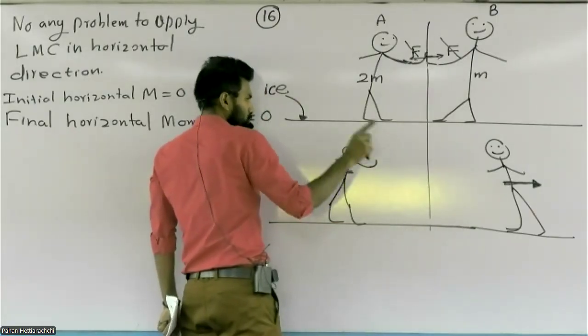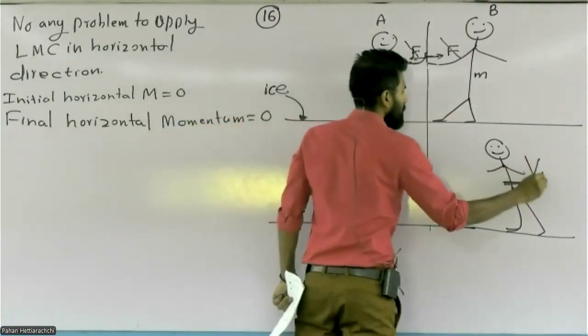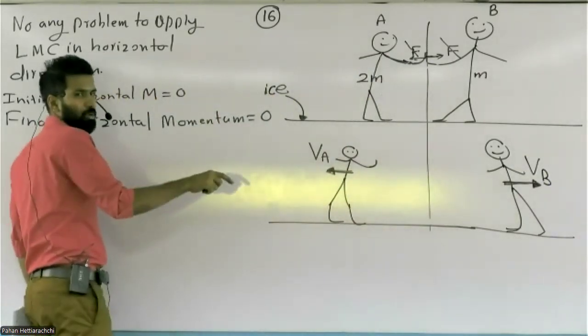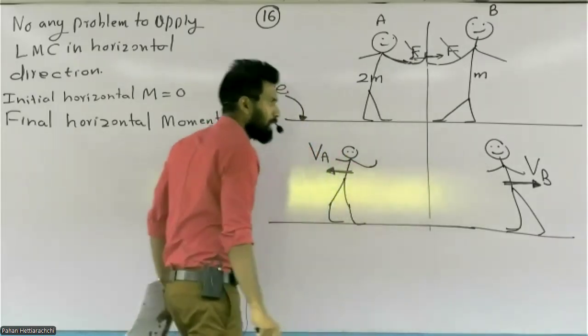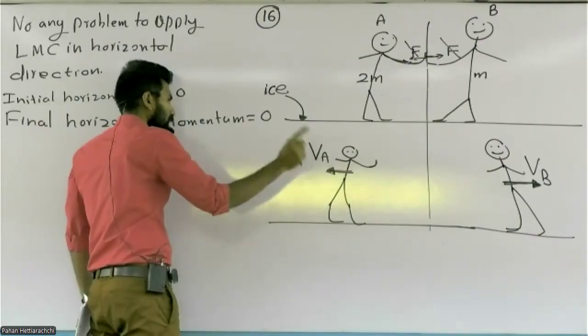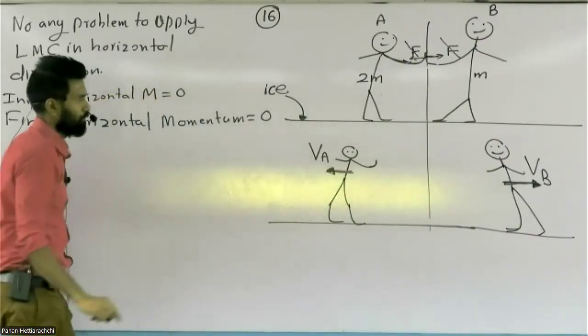But it's very clear these two children are in motion. VA and VB are the velocities. So how can the final momentum become 0 while there are velocities present? The final momentum can become 0 by cancelling the momentum in equal and opposite directions.